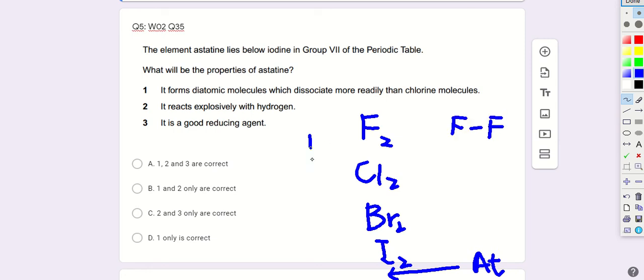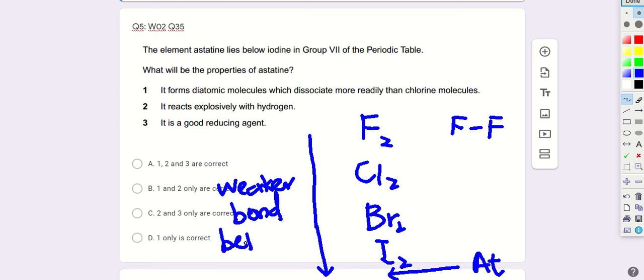So going down group 17, we know that the covalent bonds between the two atoms are getting longer, having weaker bond between the two atoms.